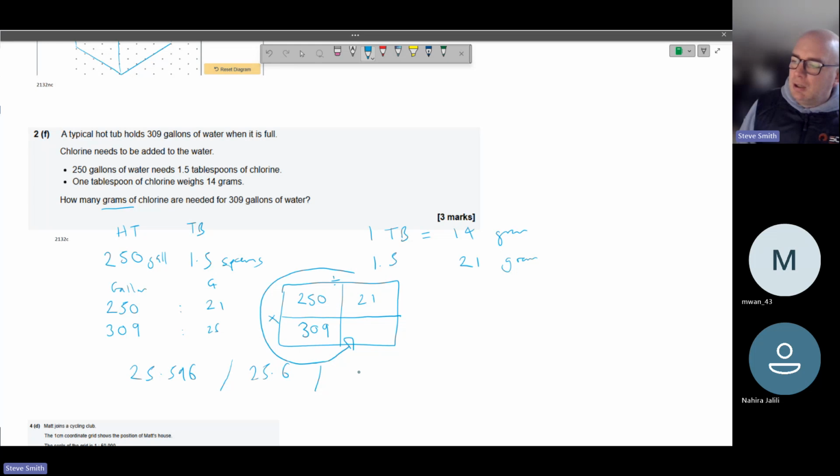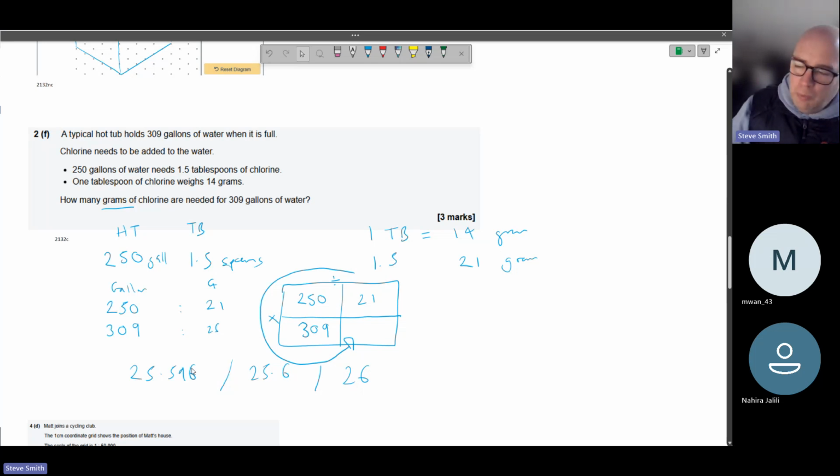And then you'd also get a mark for writing 26 because the examiners can see you've got the right methodology, the right process, and they would accept either of those answers. If you've looked at the nearest whole number, you've rounded it up to 26. So three different ways to work out the same question.